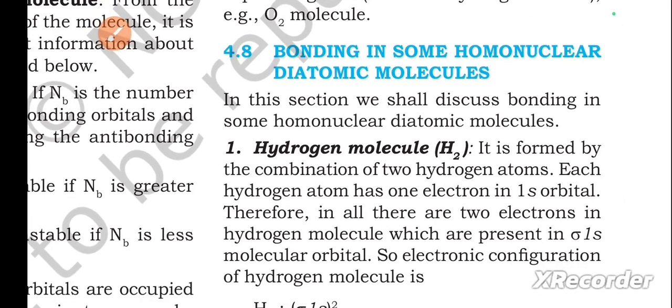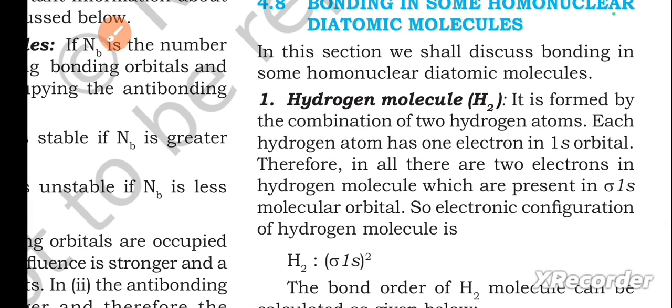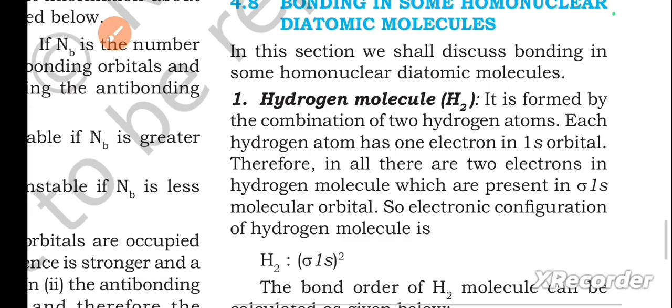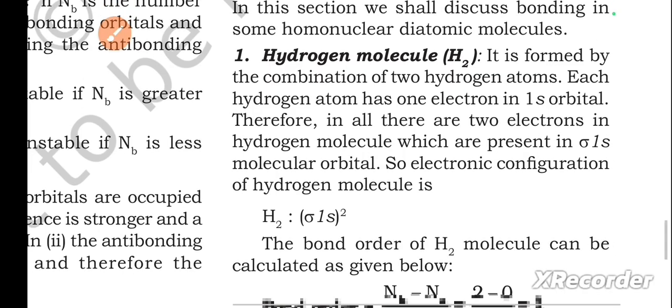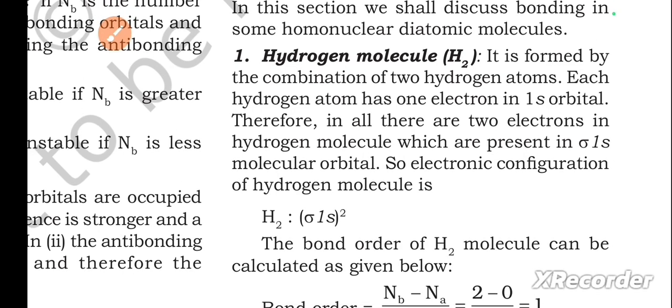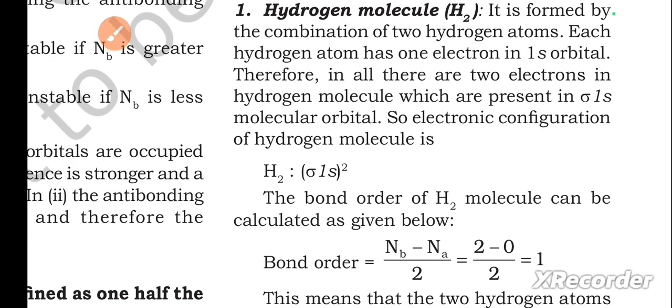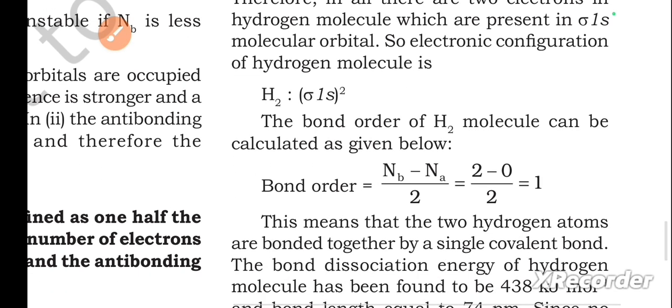Next is bonding in some homonuclear diatomic molecules. In this section, we shall discuss bonding in some homonuclear diatomic molecules. First one, hydrogen molecule H2. It is formed by the combination of two hydrogen atoms. Each hydrogen atom has one electron in one s orbital. Therefore, in all there are two electrons in the hydrogen molecule, which are present in the sigma 1s molecular orbital. So, the electronic configuration of hydrogen molecule is sigma 1s2.